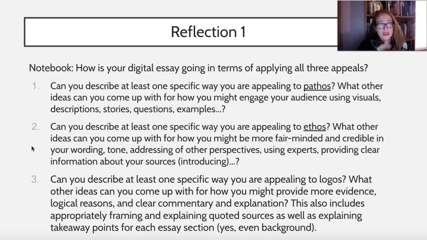So seeing that in your essay you are being a credible, knowledgeable researcher, citing sources, using sources, considering the whole conversation, providing clear information about where your sources are coming from. So introducing those sources well, especially your experts, explaining why, giving us their background, being confident in your tone, not being overly emotional.